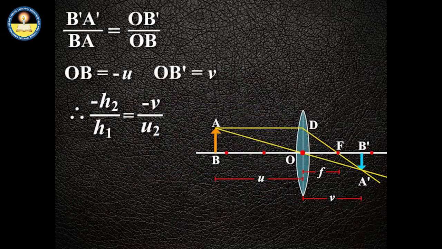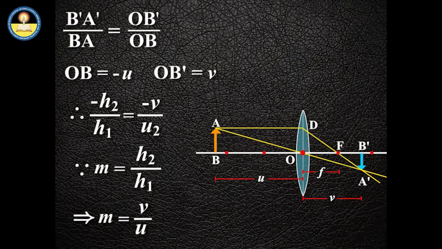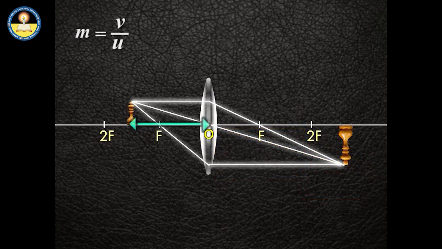Therefore, by substituting the corresponding values and using the proper sign conventions, linear magnification can also be expressed as the ratio of the image distance to the object distance from the optical center of the lens. The distance of the object from the optical center, that is, u, is always negative as it is always placed on the left side of the lens.